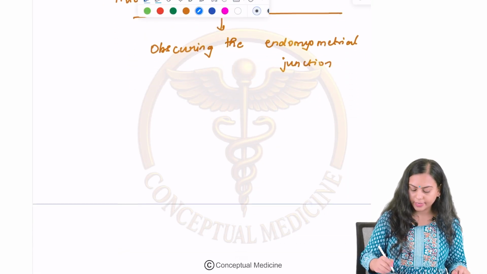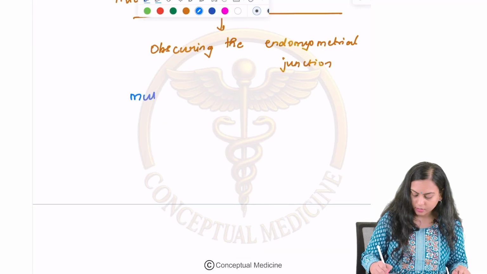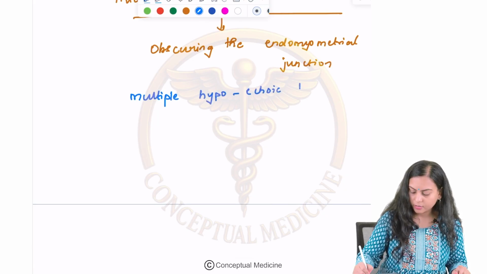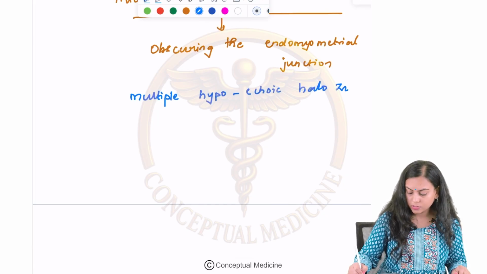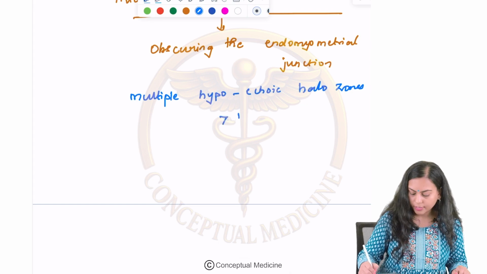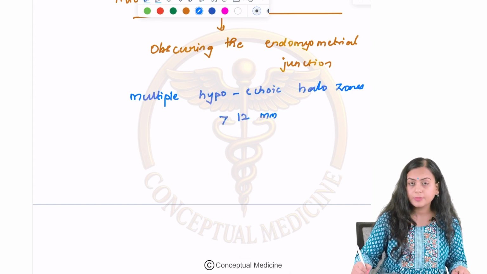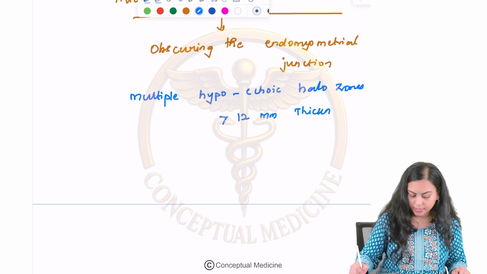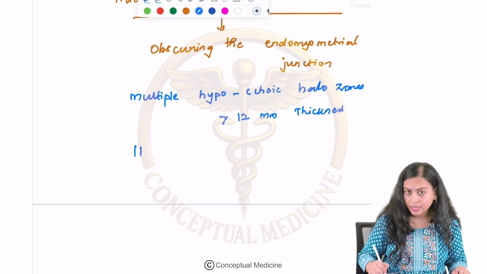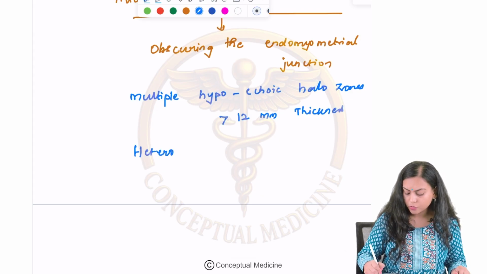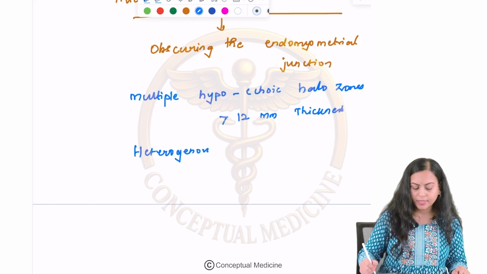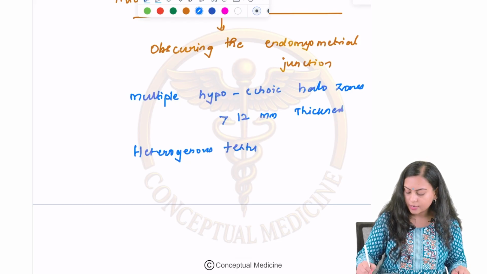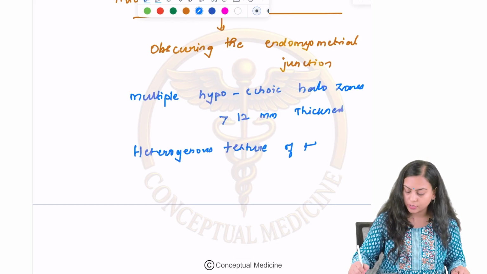So here there can be multiple hypoechoic halo zones of more than 12 millimeter thickness that can be seen, and sometimes you will be able to make out also the heterogeneous texture of the endometrium.